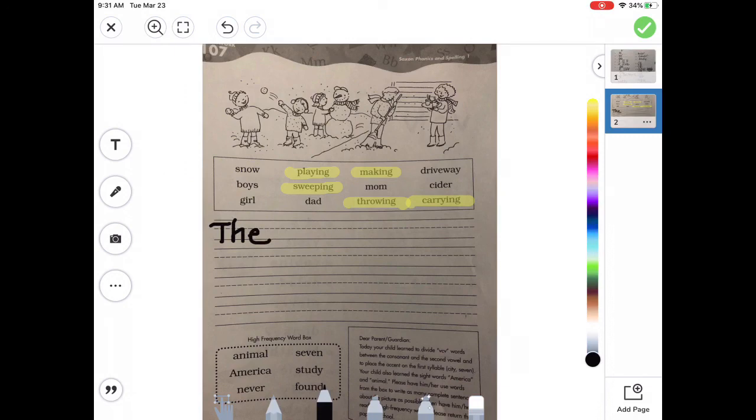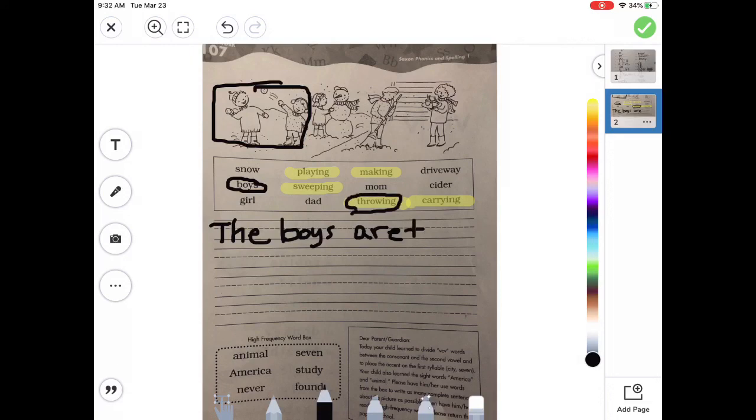So let's see. Who could I pick? How about boys? The boys are, and what are the boys doing in this picture? They're throwing, that's right.